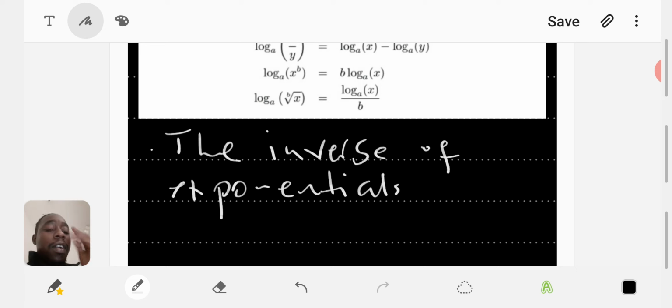So basically, this is the easiest way of understanding logarithms, because it's just as simple as that.